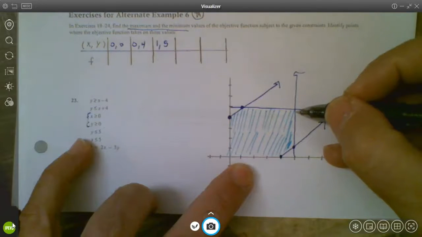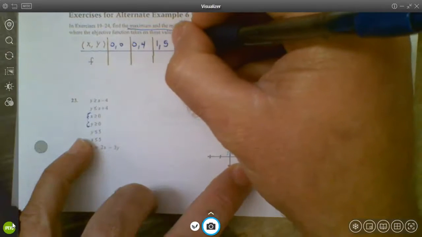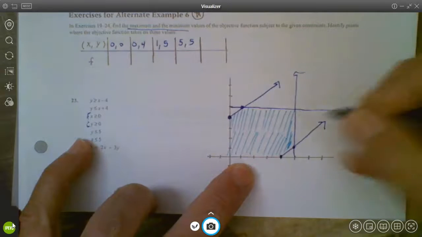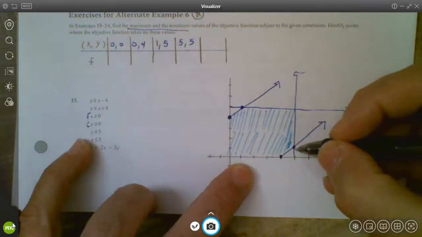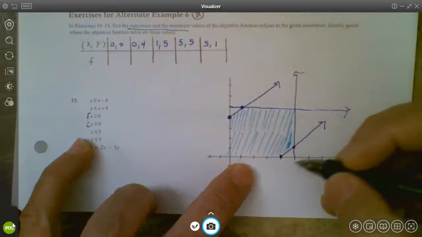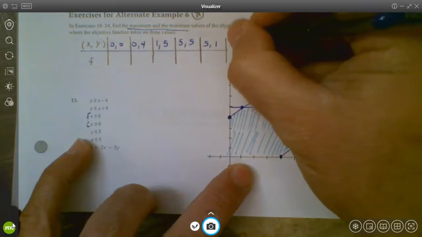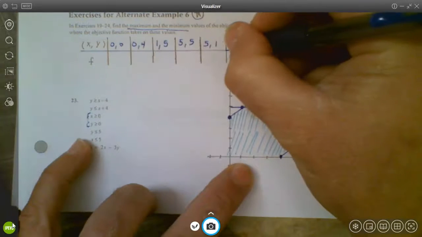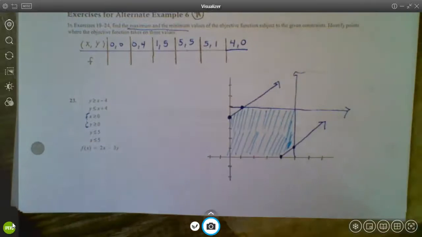Over here, these guys intersected at 5, 5. And then down to this guy, which is 5, 1. And then lastly is 4, 0. Add that guy on. So those are all the corner points within that graph.